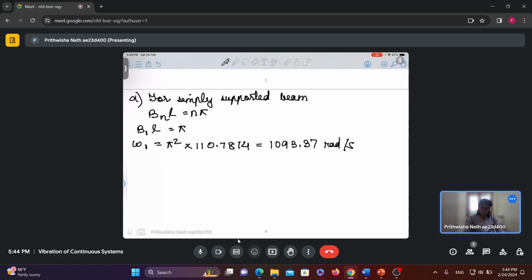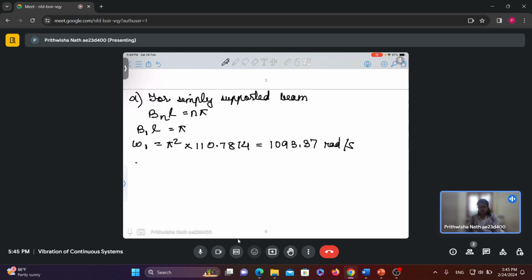Now for the second fundamental frequency, beta 2 L equals 2 pi. Therefore, omega 2 can be written as beta 2 L whole square into 110.7814.